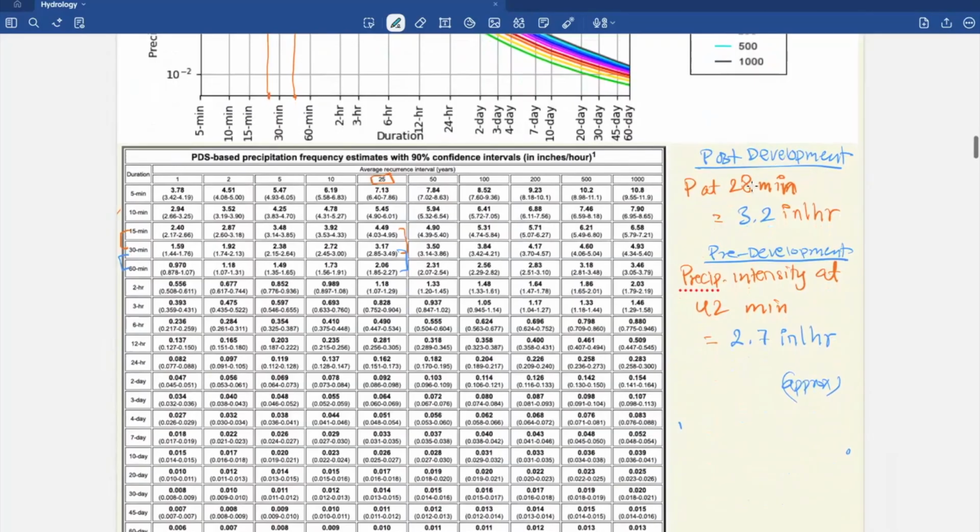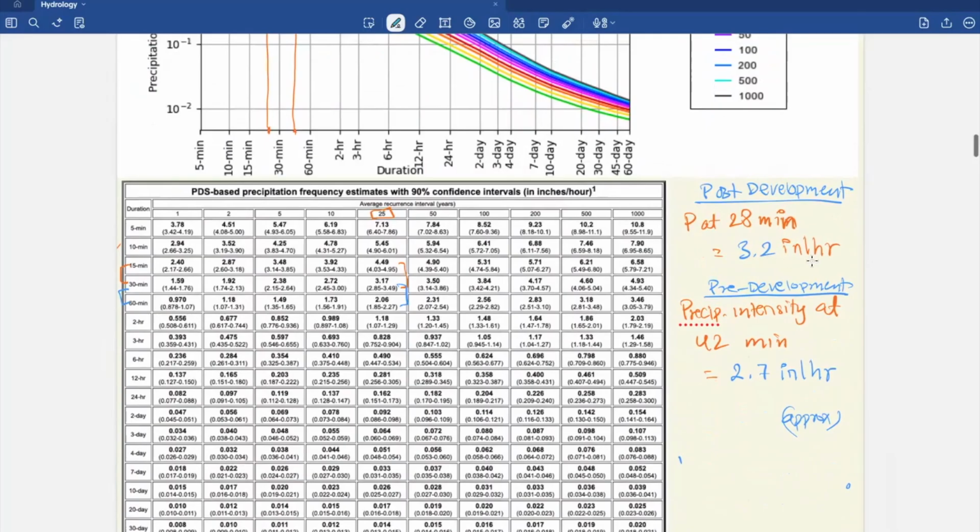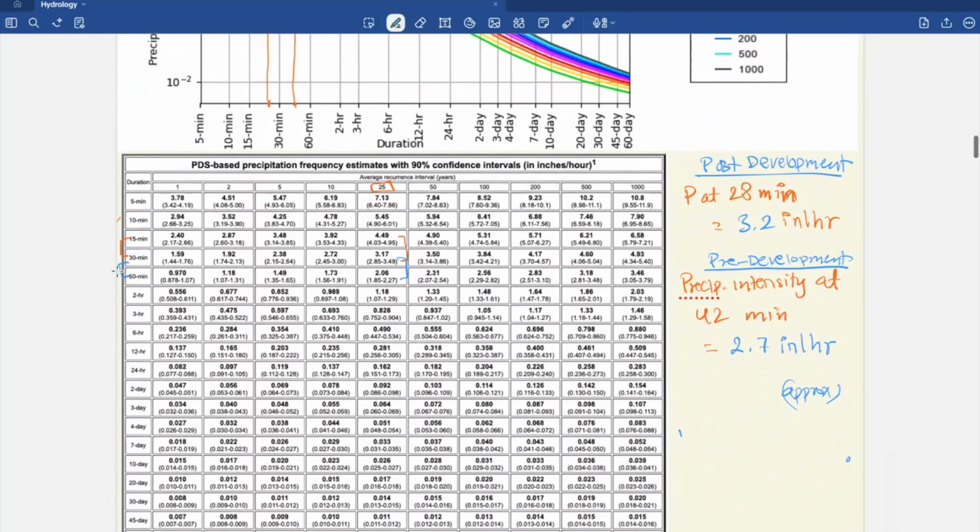So for the post-development, our rainfall intensity at 28 minutes will be around 3.2 inch per hour. The 28 minutes lies in between 15 minutes and 30 minutes, so when we do some interpolation, it will be about 3.2 inch per hour. It's approximate. You can have another value as well.